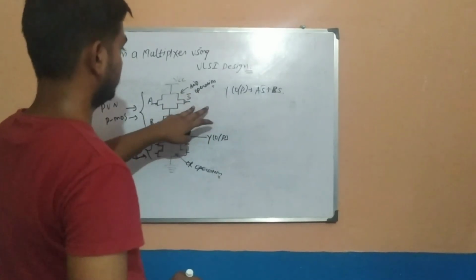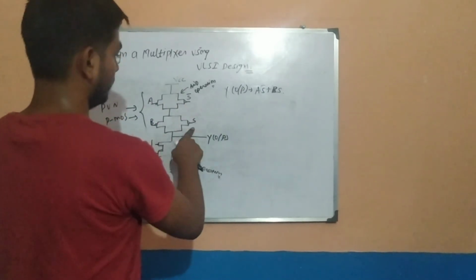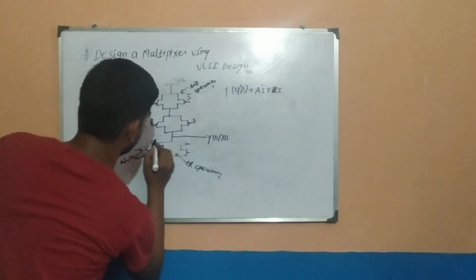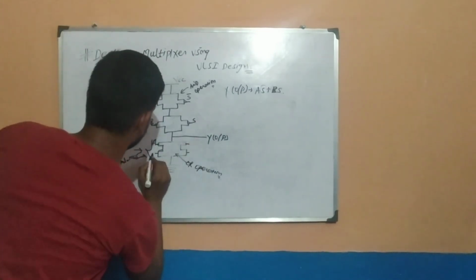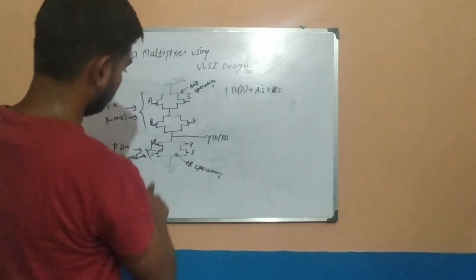So A and S dash are in parallel, so it is a multiply. Then B and S are connected in series.